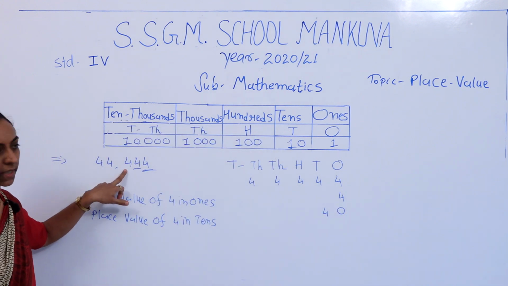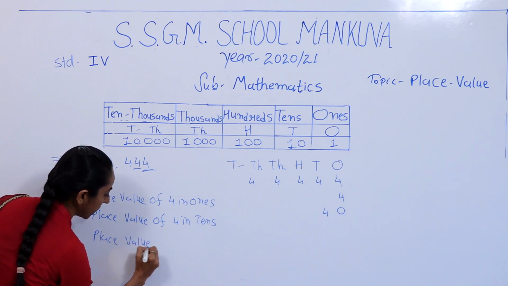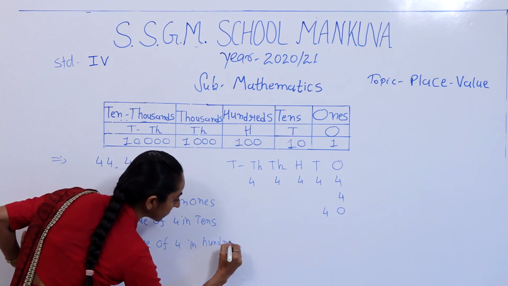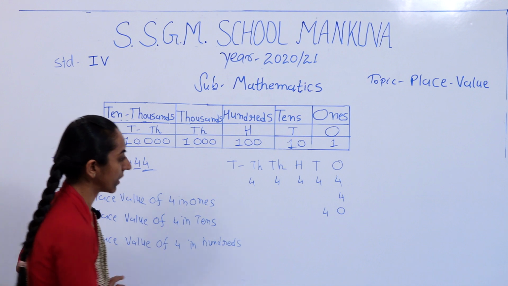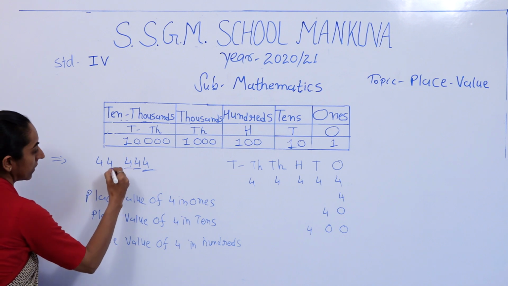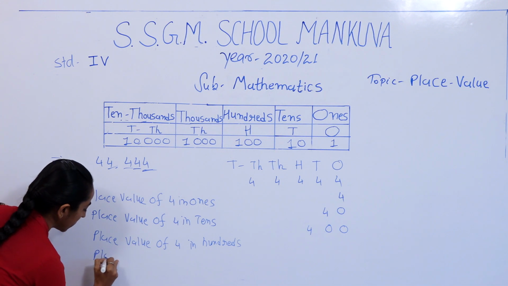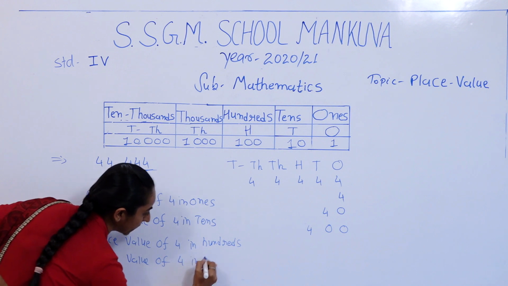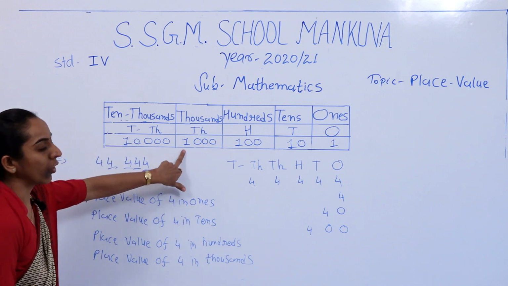Now the third 4 is in the hundreds place. Place value of 4 in hundreds, that means 4 into 100. Answer is 400. Let's see, this 4 is in the 1000 place. Place value of 4 in thousands place, that means 4 into 1000.